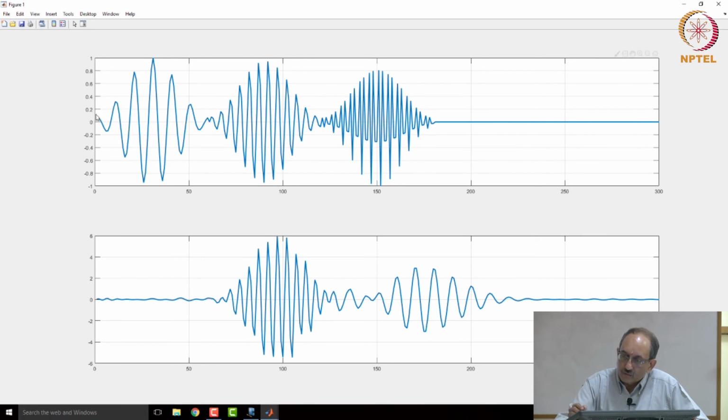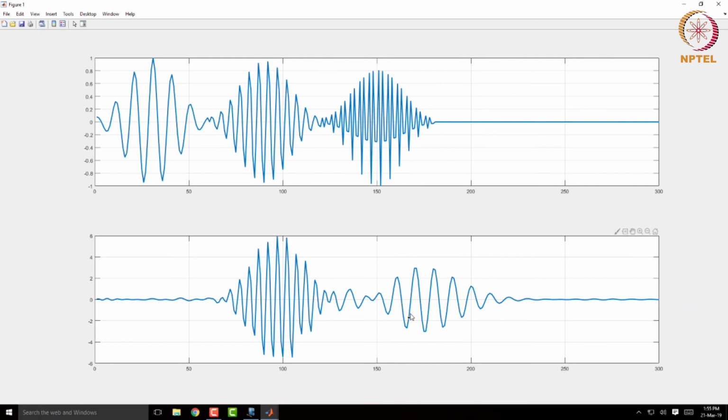Now, if you look at this, this starts at time index of 0. Now, if you look at this, roughly this starts at time index of 150. So, this has suffered a delay of 150 samples. Okay.